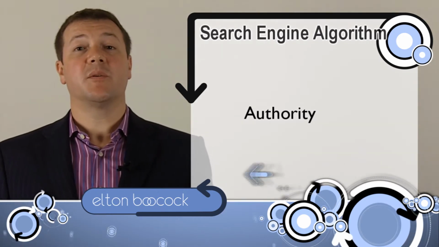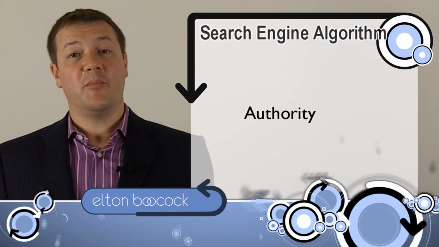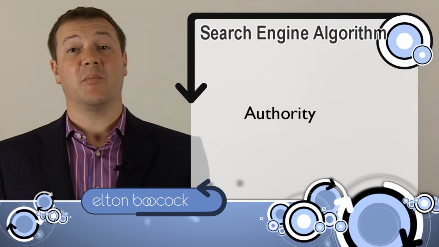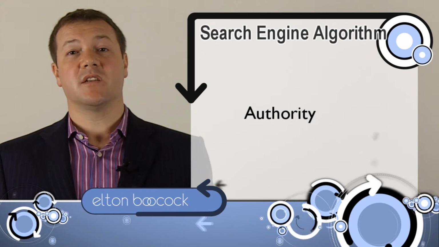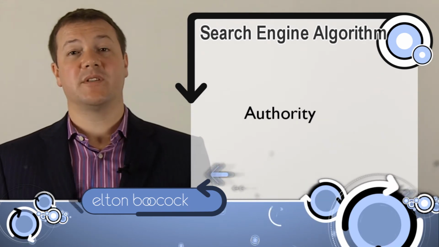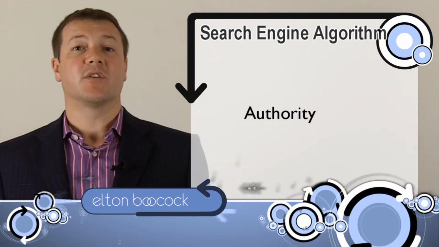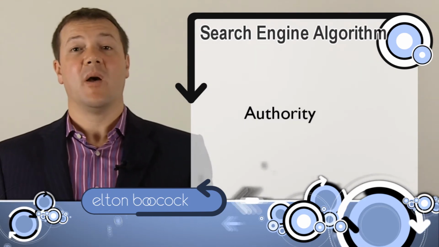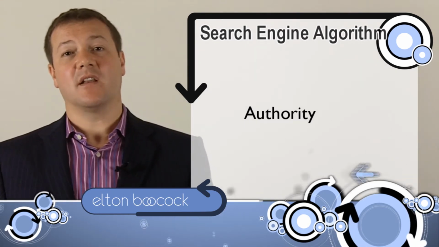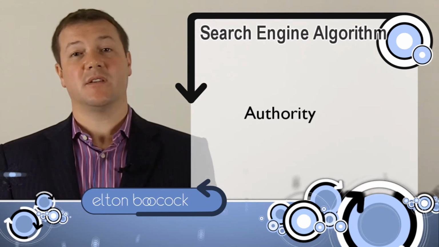So as you start to build up links from other people linking to your website because you've got some really great content, then the search engines start to elevate your position within the rankings. So quite simply, imagine all of the links around the web pointing to you, acting like a massive voting system.